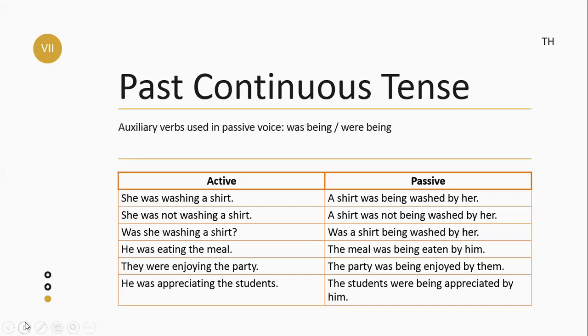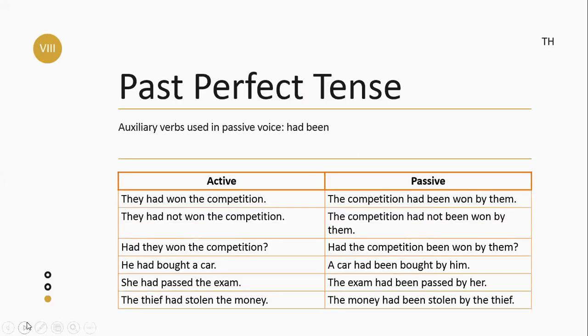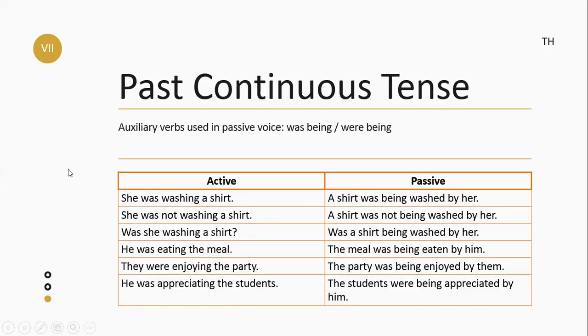So then let's move on to the next category, which is past perfect tense. Okay, so without looking at the slide, I want you to tell me how we are going to change past perfect tense sentences into passive, right? So the sentence is, they had won the competition. So how can we make it into passive?